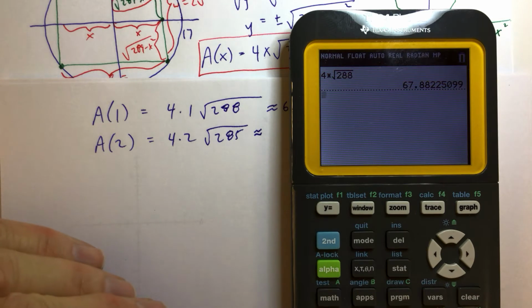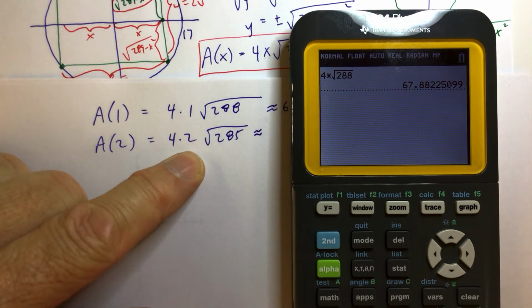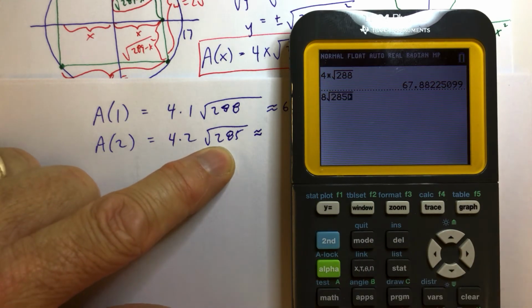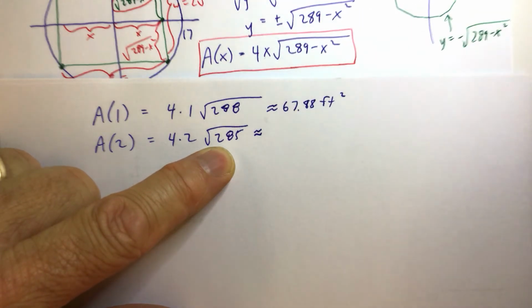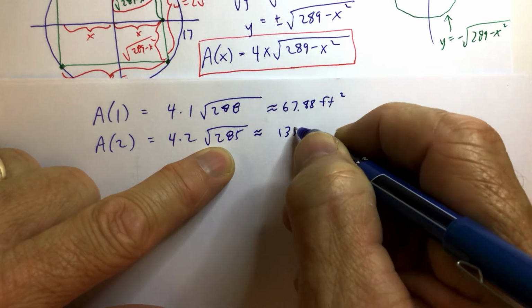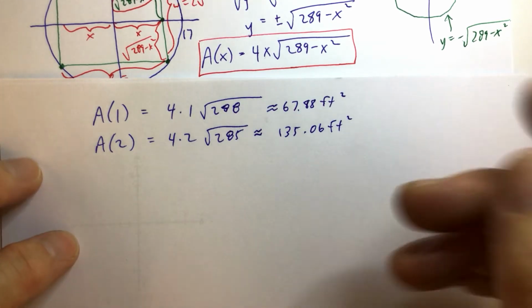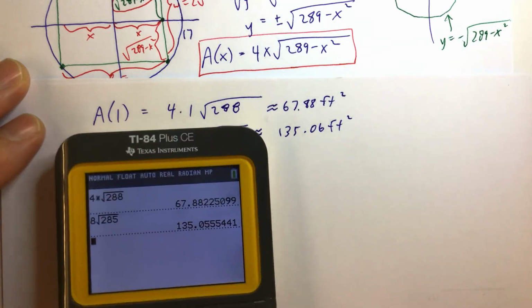The area depends on whatever x we choose. So again, we're trying to figure out what is 8 times the square root of 285, and that is 135.06 square feet.